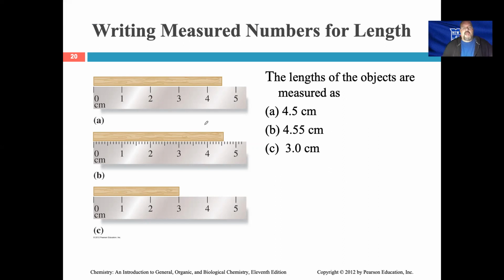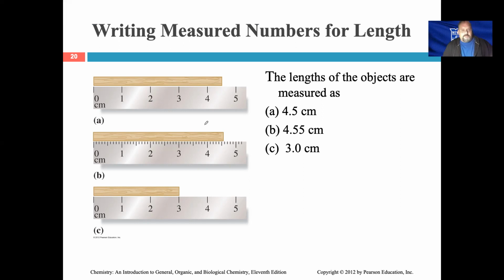And therefore, I'm going to write my value as 4.6 centimeters. It doesn't make any sense to go further from there, because every time we go further, we're just estimating more and more. The question then becomes, who's correct? I'd hope you say that I'm correct, but the reality is we don't know who's correct, because each one of us in that final digit is estimating what that final digit is.